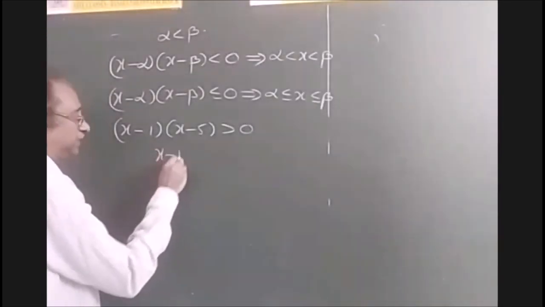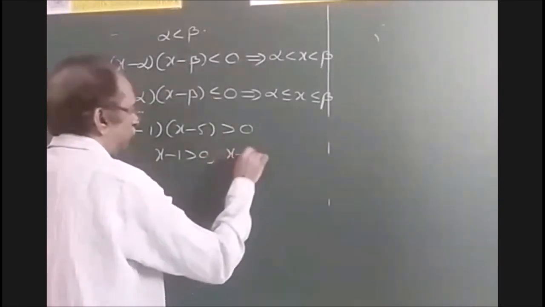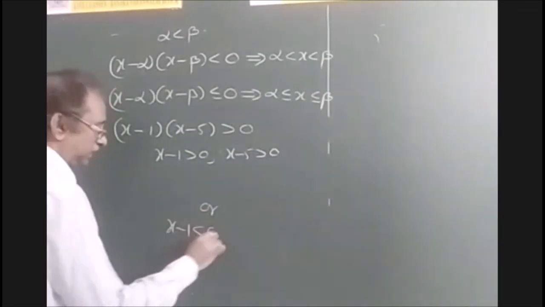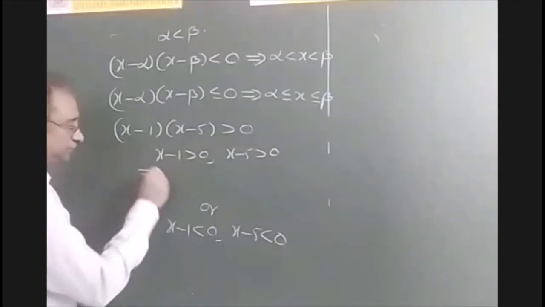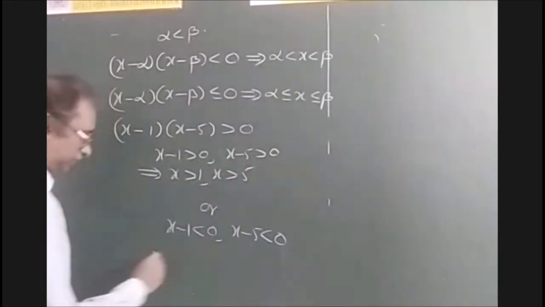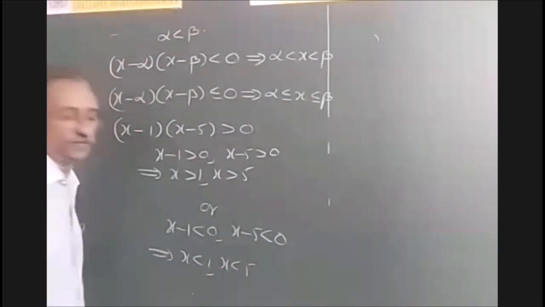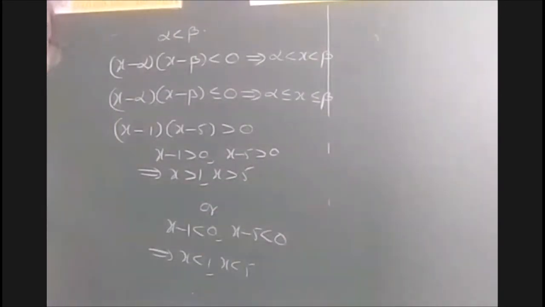Very good. Therefore, x - 1 positive and x - 5 positive, or x - 1 negative and x - 5 negative. So this implies x > 1 and x > 5 here, and here x < 1 and x < 5. Now you tell me, Arshit, x must be greater than 1 and greater than 5, both happening.